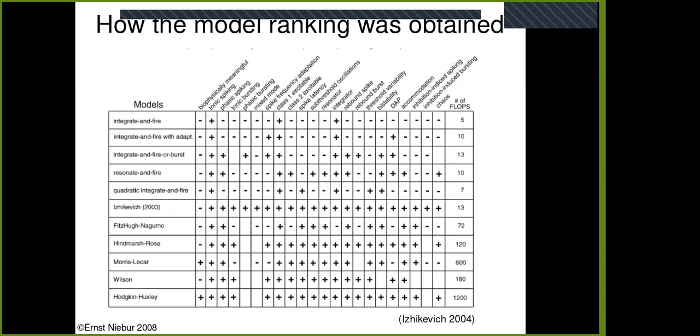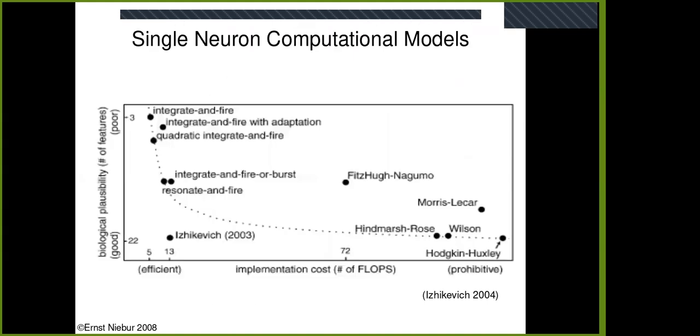He lists all these features that the model may or may not include, and then for every model he puts a plus if it can do it, a minus if it doesn't, and that's what you see on the vertical axis. The dots, I think, are mainly a guide for the eyes. There's no functional fitting or anything like that.